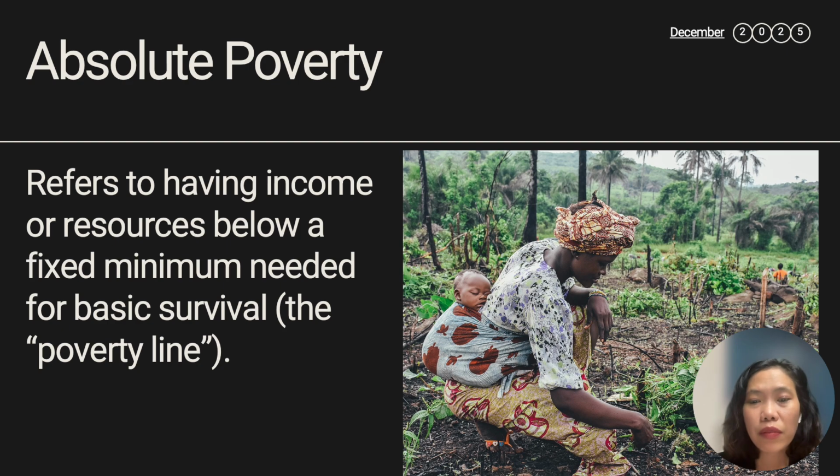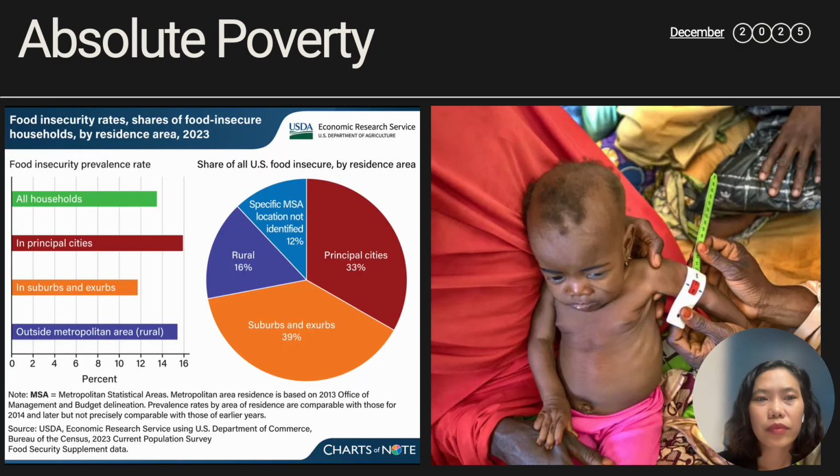Also, people living in informal settlements or slums with no clean water, electricity, or sanitation. This type of poverty threatens basic survival. We have a picture here of an absolute poverty situation.